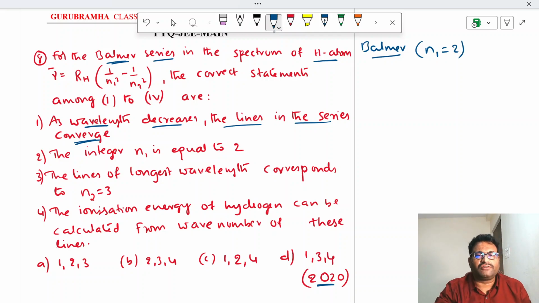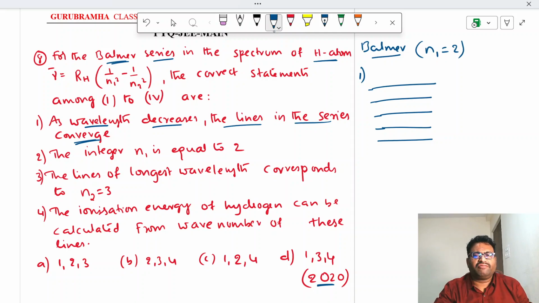Converge means come closer. So for the first option, as the wavelength decreases, energy is increasing. Let us take the transitions: 3 to 2 is the first spectral line in the Balmer series.